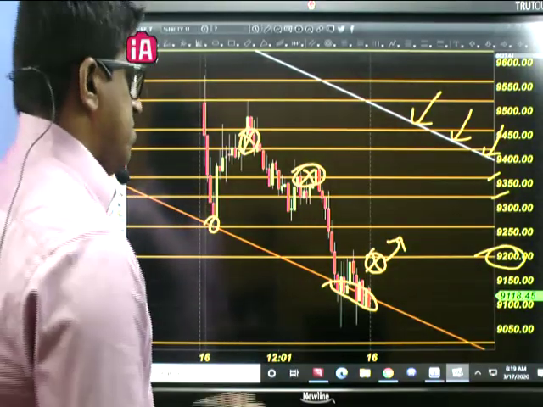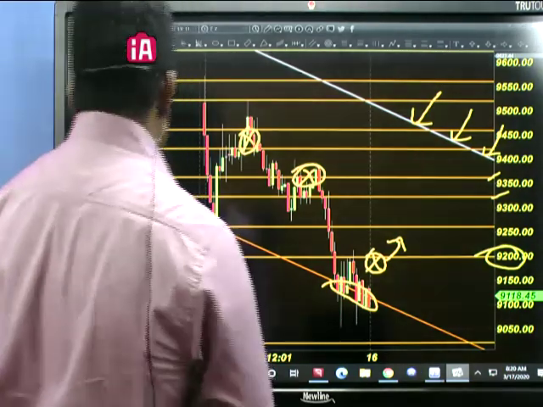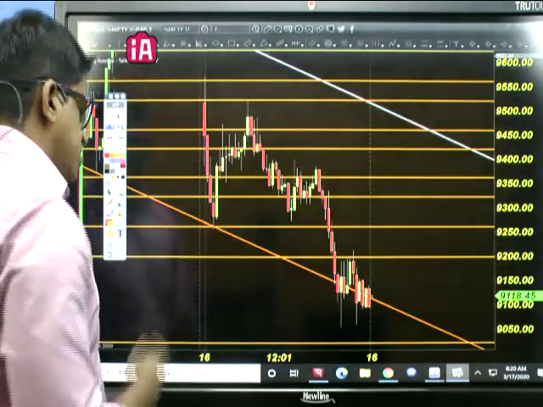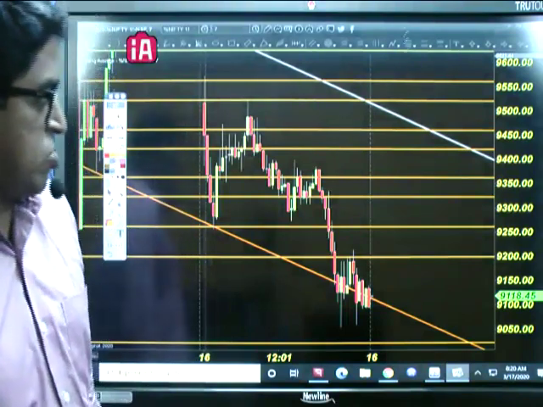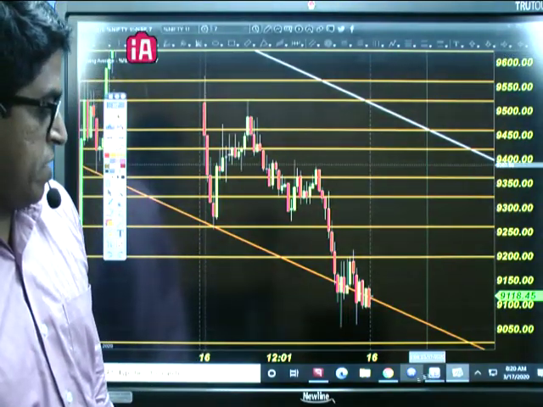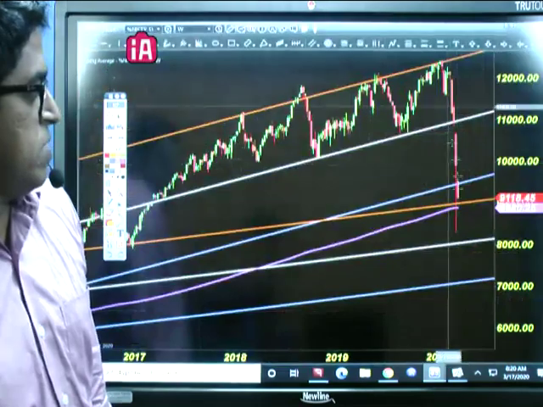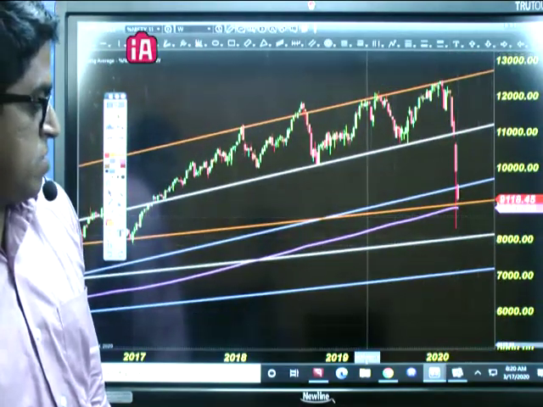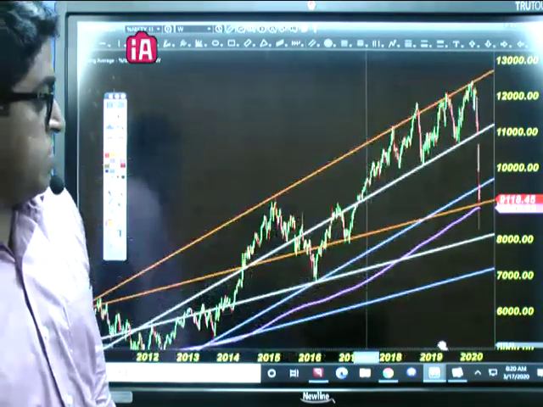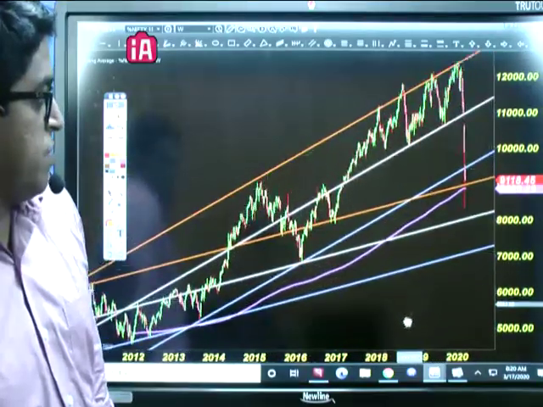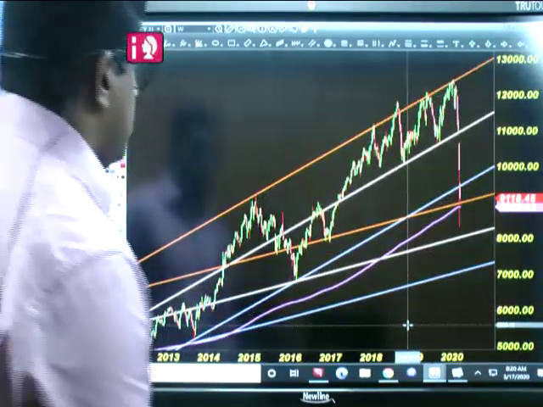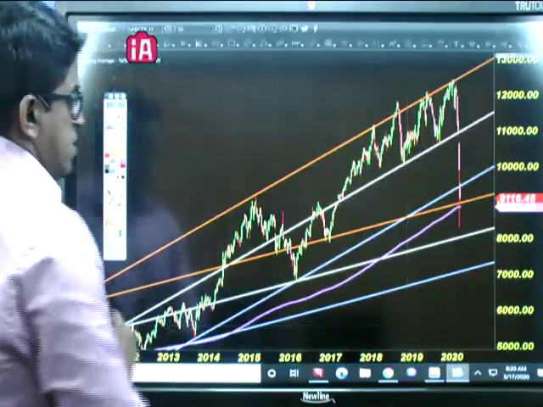If you ask what our view is on Nifty in the short term, we have already posted this, but again we want to show it. This is the monthly chart, this is the weekly chart for Nifty, and we have drawn two trend channels.